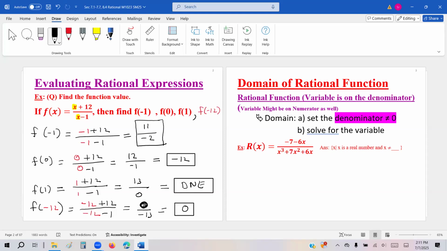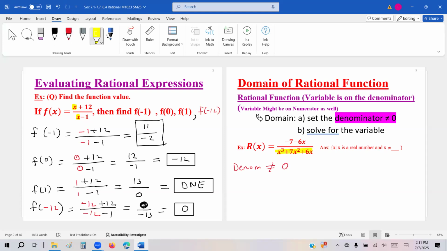Great. So for rational, all you have to do is remember one thing: denominator cannot be 0. And then from there, you solve for x using factoring or any other methods. The main idea is the denominator. We don't care about the numerator; we simply ignore it. We only look at the denominator. So our denominator cannot be 0.